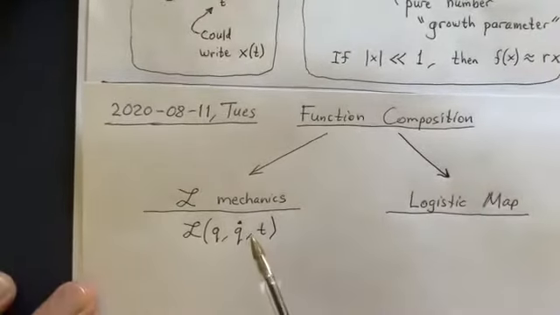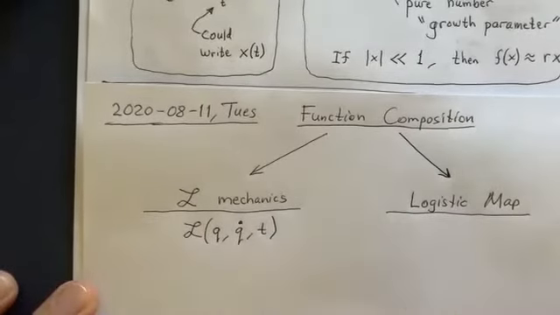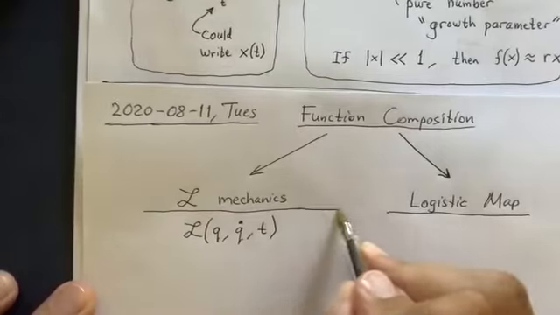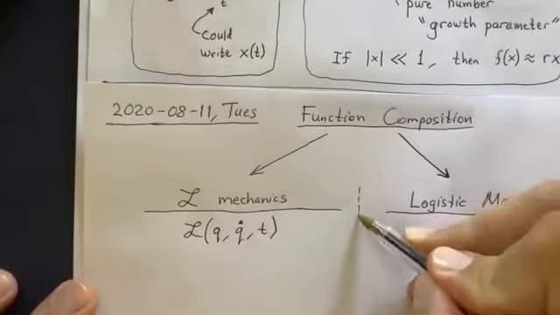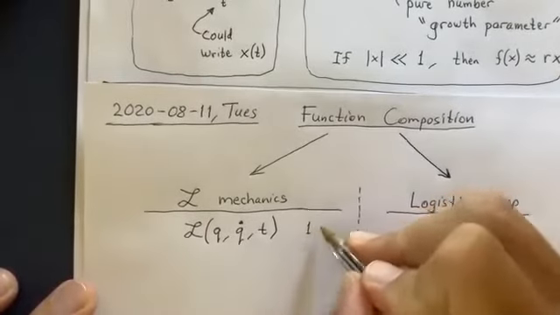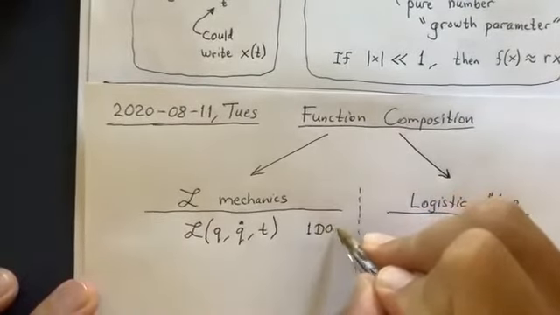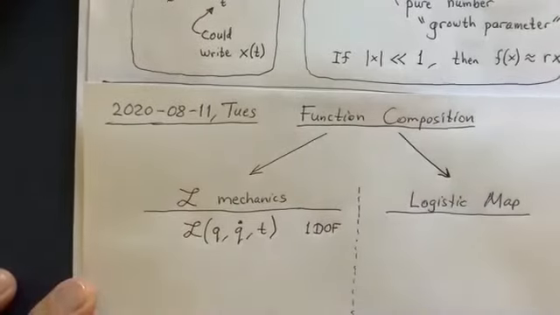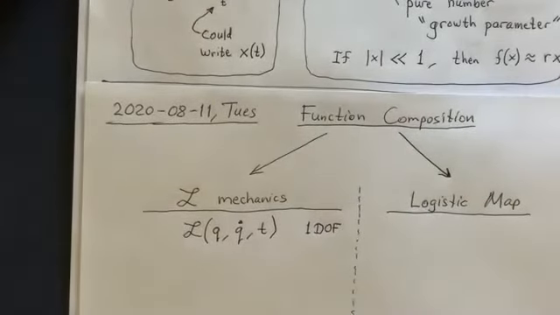So of course, when we write a Lagrangian like this, it is understood that we have 1 degree of freedom. For our discussion of functional composition, 1 degree of freedom is perfectly adequate. We could, of course, go through this with multiple degrees of freedom.